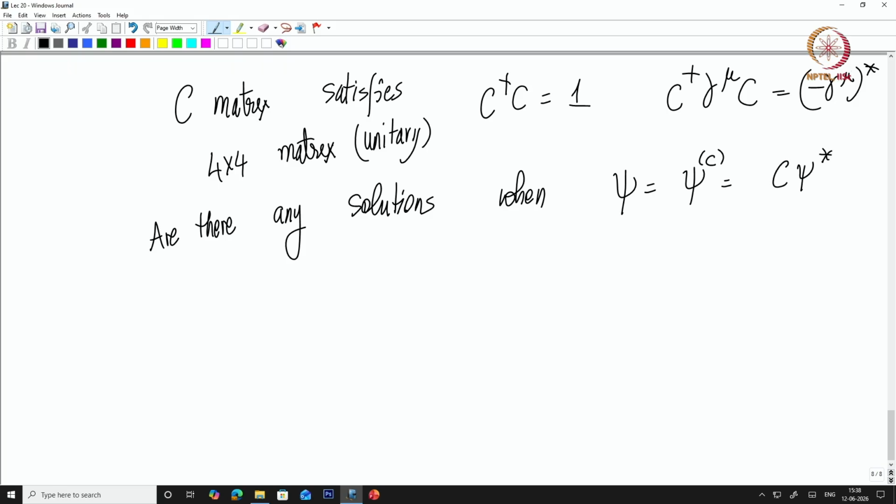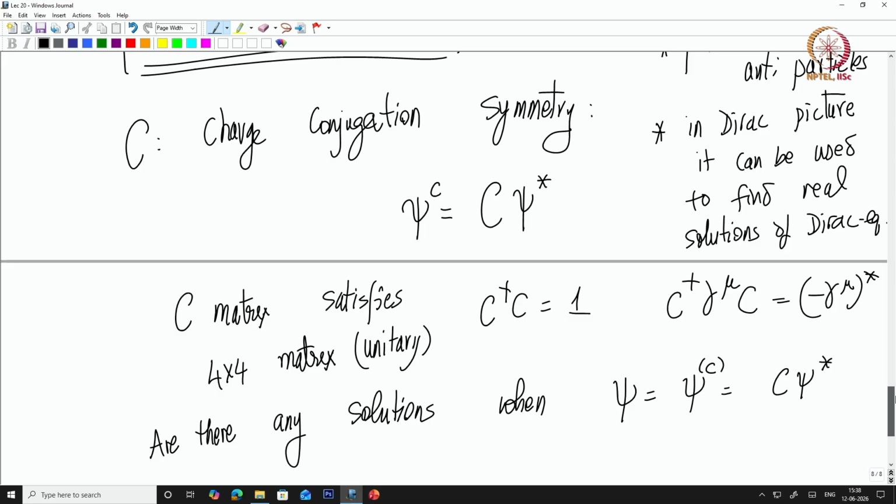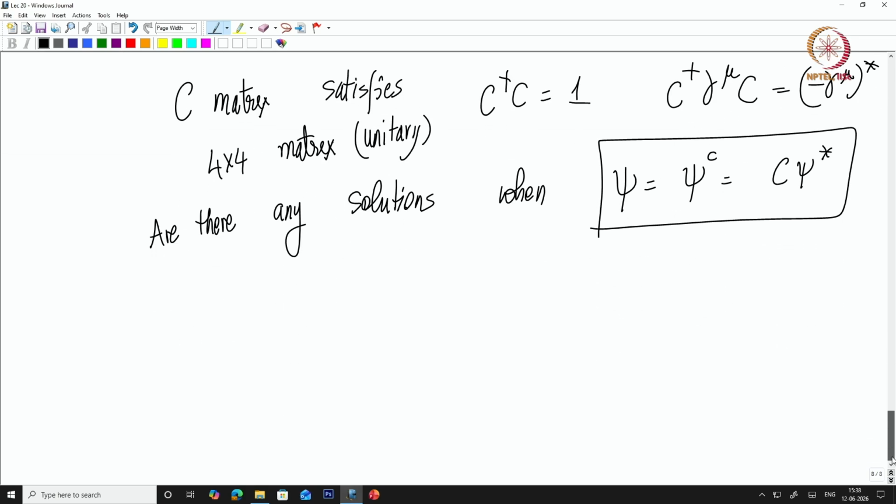Okay. So, this is the definition essentially, psi c is equal to c times psi star. So, if I put the condition psi is equal to c times psi star, are there any solutions of the Dirac equation essentially? Under Lorentz transformation psi c transforms exactly the same way as psi essentially.